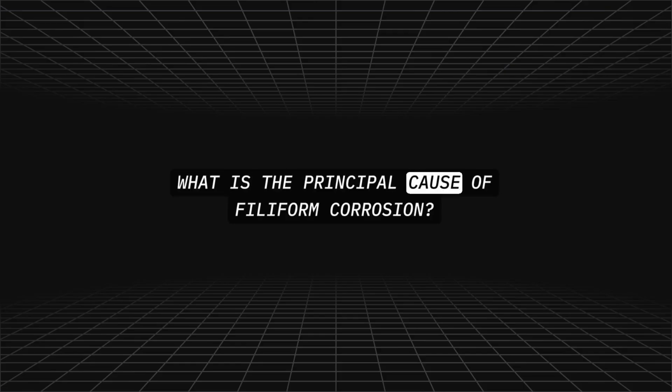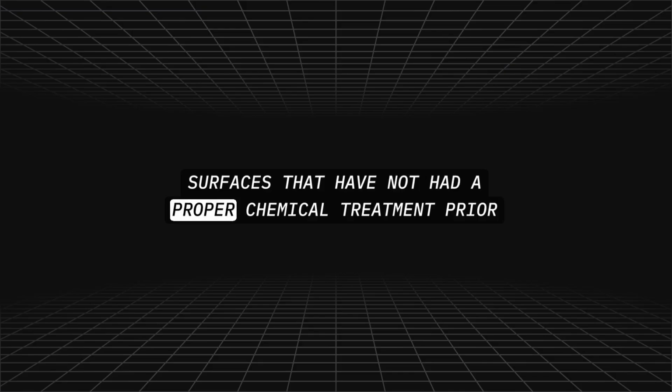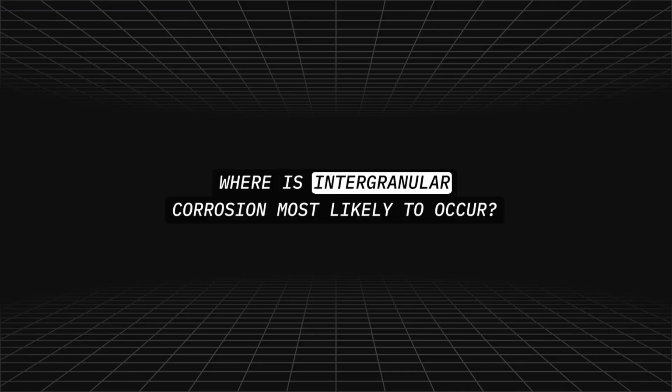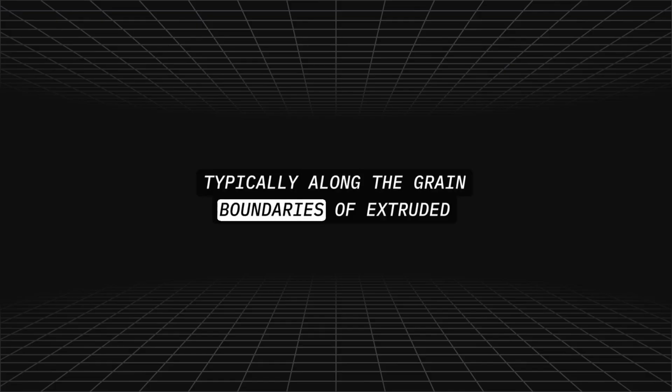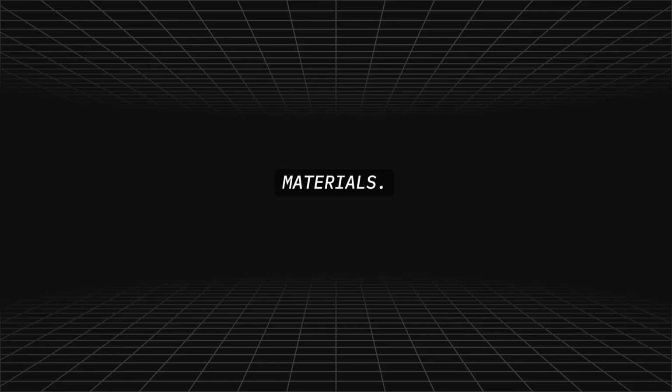What is the principal cause of filiform corrosion? Surfaces that have not had a proper chemical treatment prior to painting. Where is intergranular corrosion most likely to occur? Typically along the grain boundaries of extruded materials.